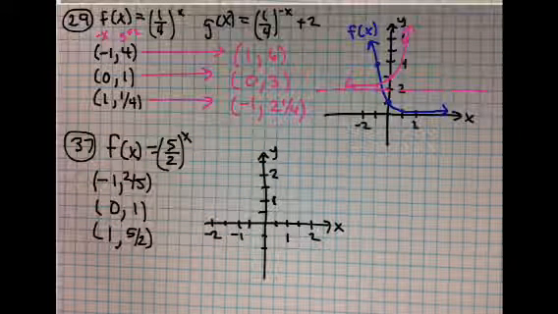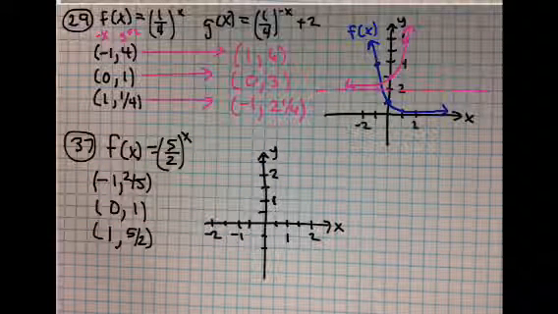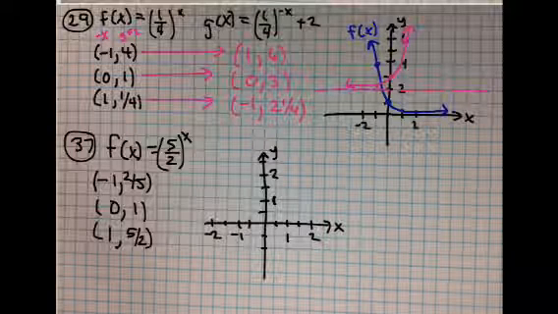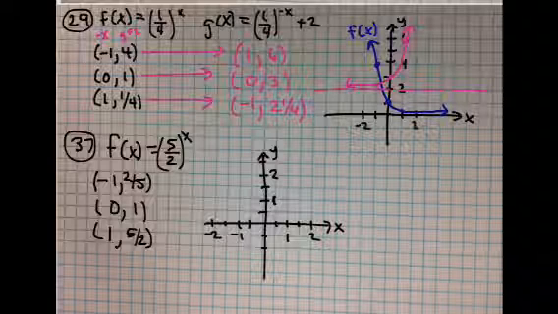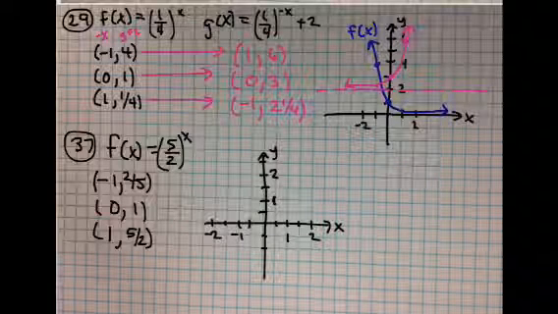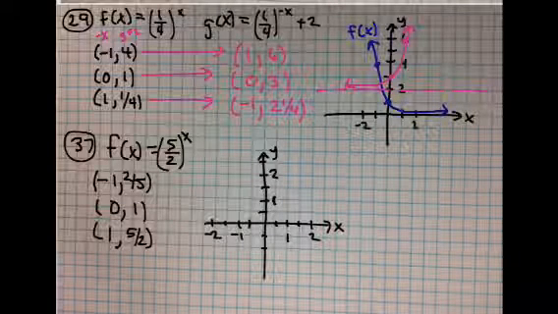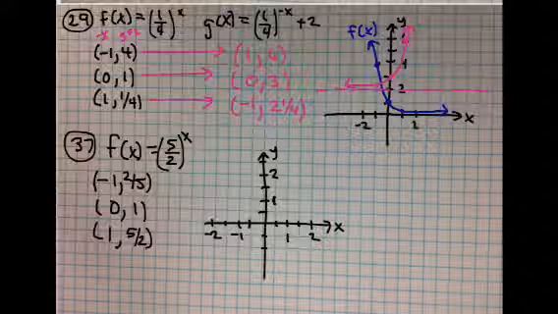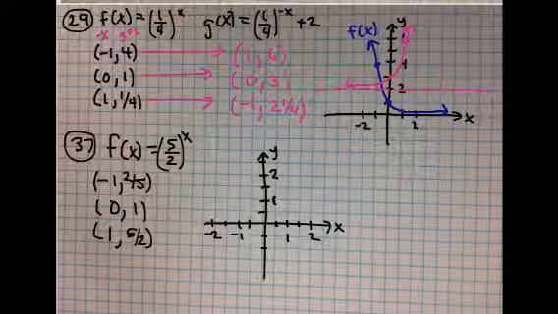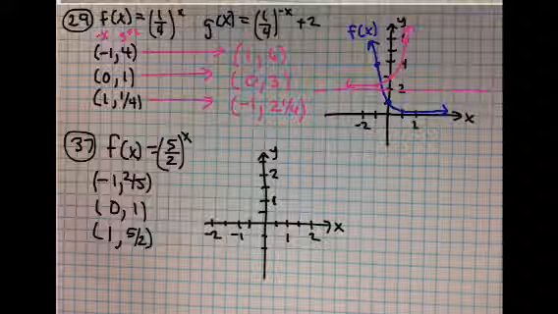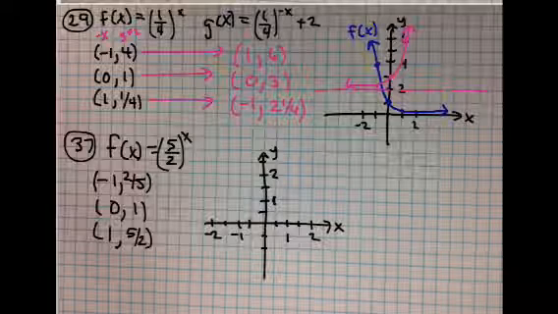Alright, so number 37, I went ahead and did the reference points. Remember, -1 goes with 1 over b, so that's the reciprocal of b, which is 2/5. 0, 1, and then 1, b. The base is 5/2. On the graph, I just skipped every tick mark to label it as a 1 unit, so every tick mark is a half a unit. So -1, 2/5, that's a little bit under half.